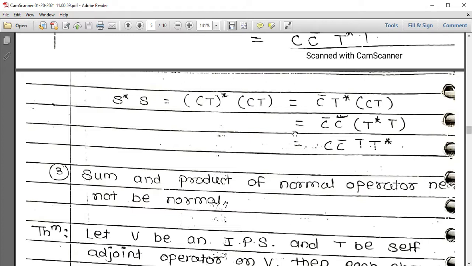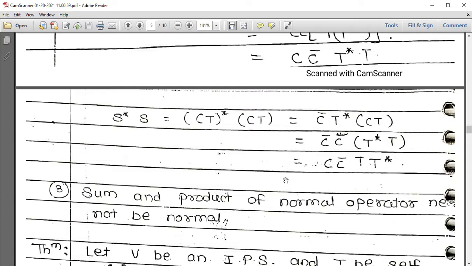Which is equal to C bar as it is. Now T star of CT, here the C comes outside. So what we have?